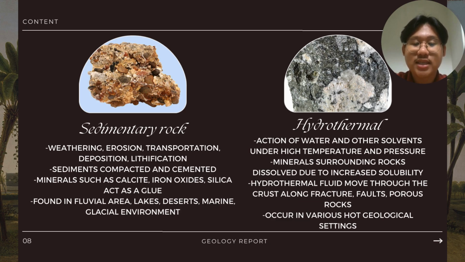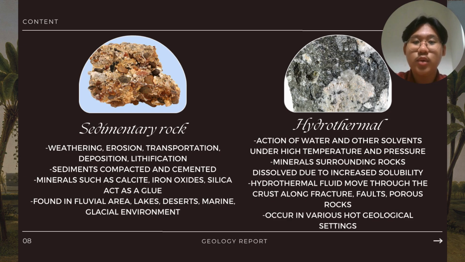Hydrothermal can be defined as the action of water and other solvents under high temperature and pressure conditions that causes changes in the earth's crust and results in the formation of rocks, minerals, crystals, and ores. As water is heated by magmatic activity, the minerals from surrounding rocks can be dissolved due to the increased solubility at higher temperature and pressure.